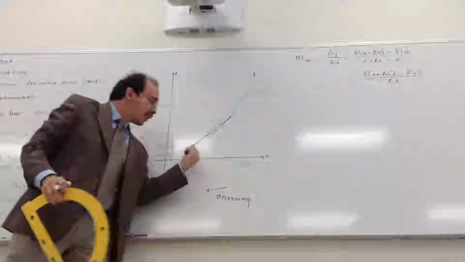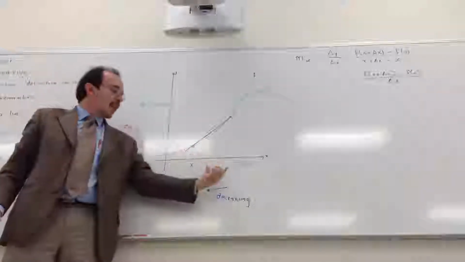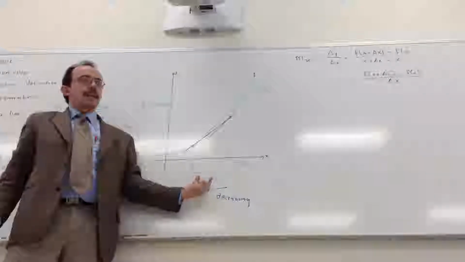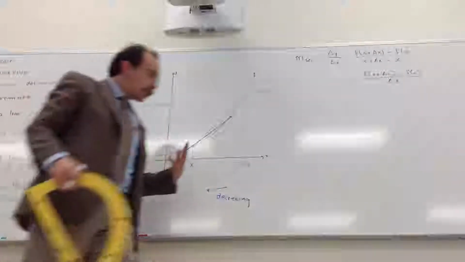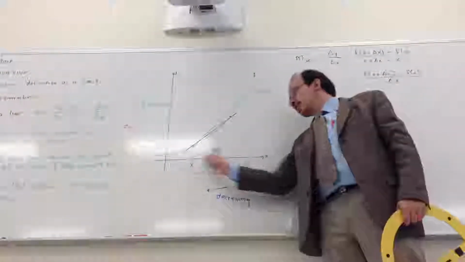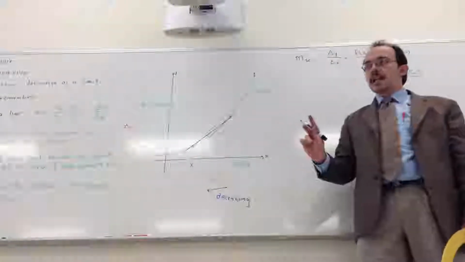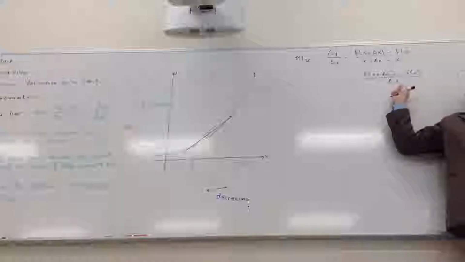But when does that happen? When does this point cover this one? You could say that if this distance is 0, these 2 points are in the same point. So now you have a tangent line. But the thing is, according to this formula, can I put this distance to be exactly 0?